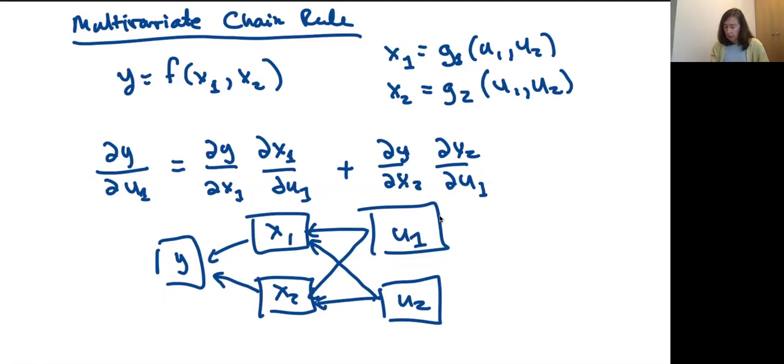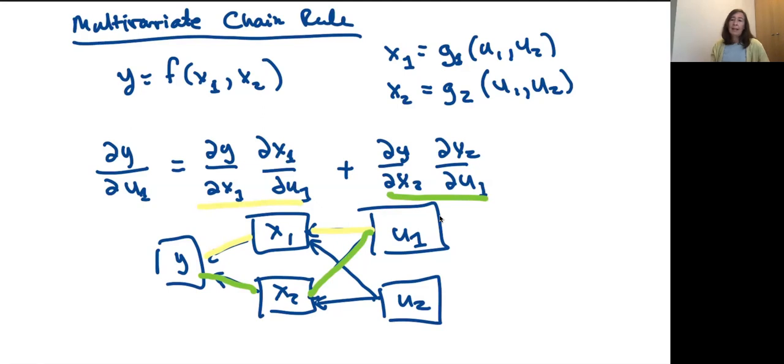Well, here is one that goes through x1, and here is one that goes through x2. And each partial derivative that's being multiplied here is one link in the chain, so to speak.